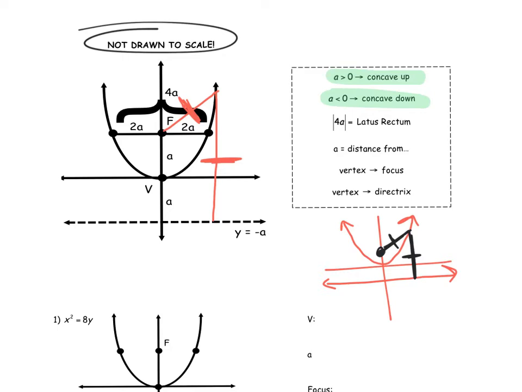The latus rectum is the absolute value of 4a. So where that comes from is from the focus to one of the endpoints of the parabola to then the other endpoint of the parabola.